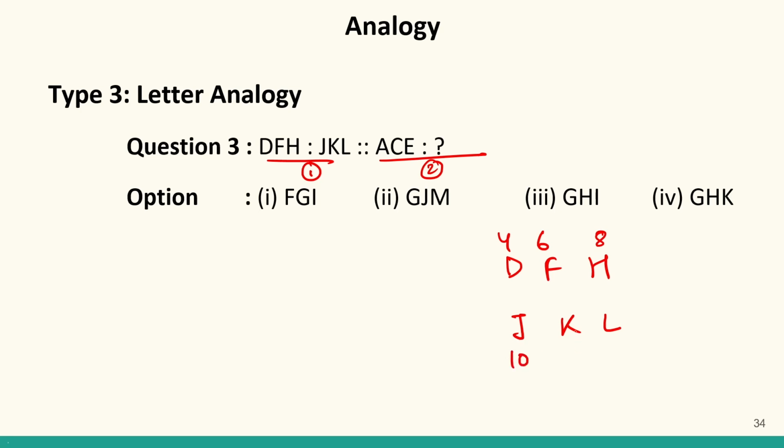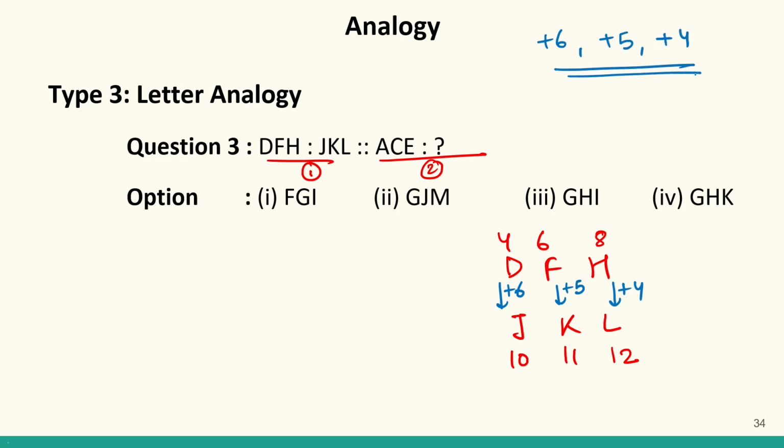J is positioned at 10, K is positioned at 11, and L is positioned at 12. So here to here I can see that from 4 to 10 we are going plus 6. From 6 to 11 we are going plus 5. Similarly from 8 to 12 we are going plus 4. So this is the logic. We are going plus 6, then plus 5, then plus 4. This logic is being used.